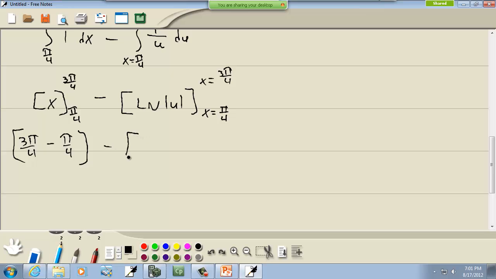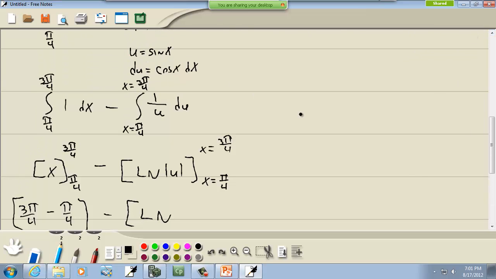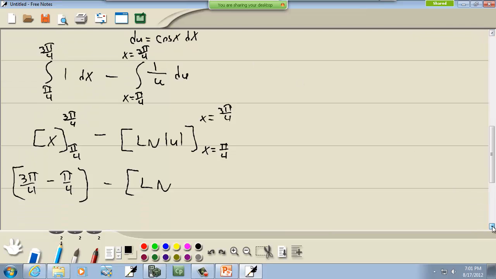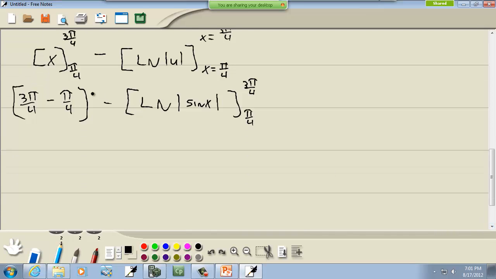And here I'll plug my u back in. What did we say u equals? Sine x. So I get the natural log of the absolute value of sine x, and I'll flip these back to just 3 pi over 4 and pi over 4. Now 3 pi over 4 minus pi over 4 is 2 pi over 4.